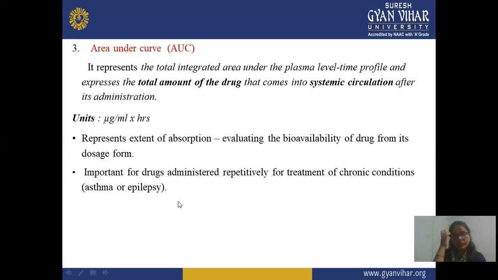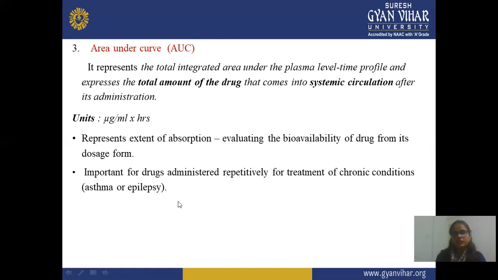Next is the area under the curve. It is the next pharmacokinetic parameter, and this AUC is the area under the curve. In this AUC, it represents the total integrated area under the plasma level time profile.